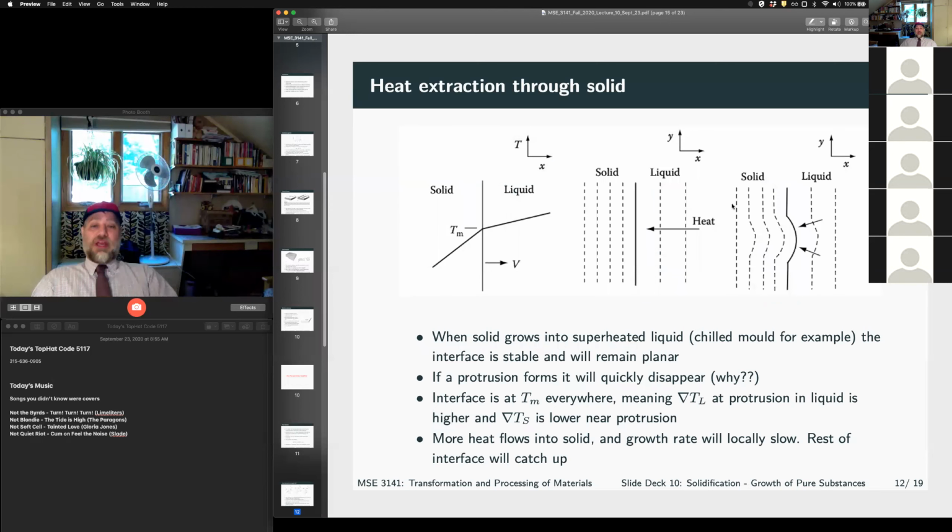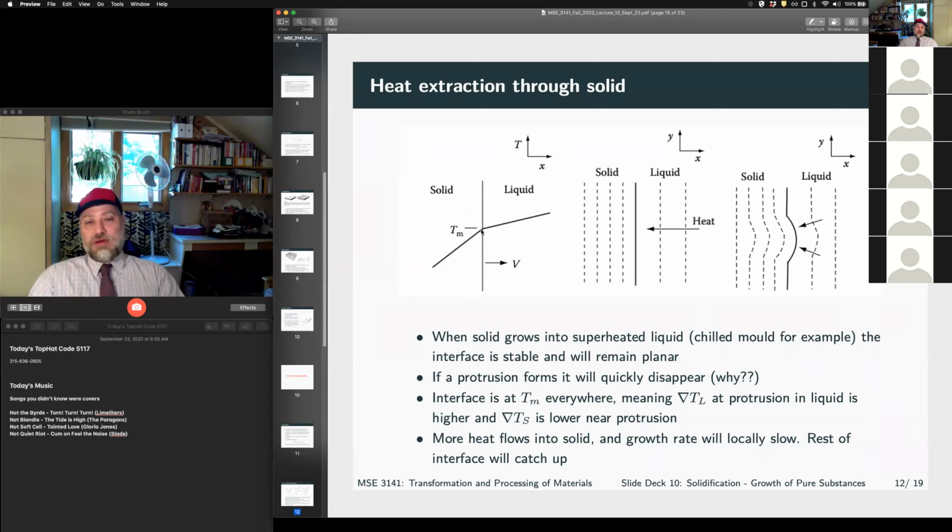Okay, so if we're in the case where we have heat extraction through the solid, meaning we're going into a superheated liquid, if this is a planar interface, our temperature at the interface is exactly the equilibrium melting temperature.